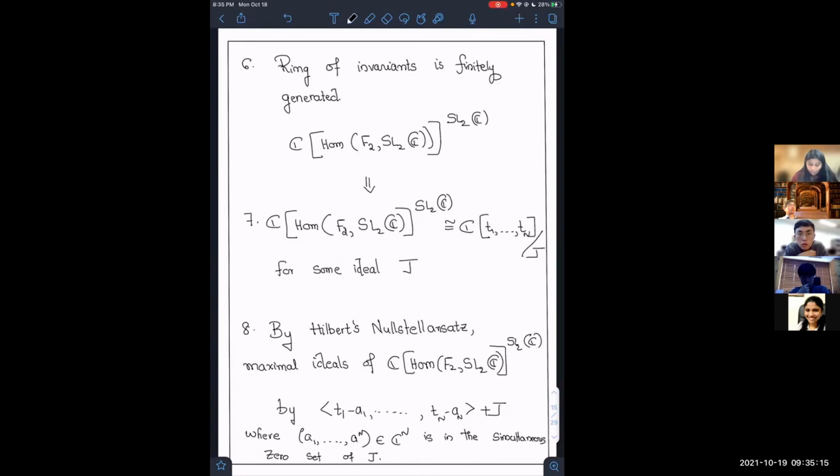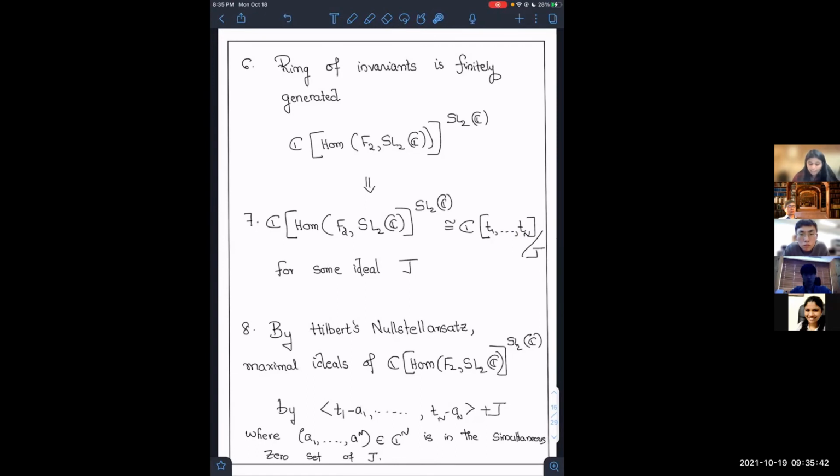Then this ring of invariants is finitely generated. We can write this, and I'll show results next which tell us exactly what gives us this n here.